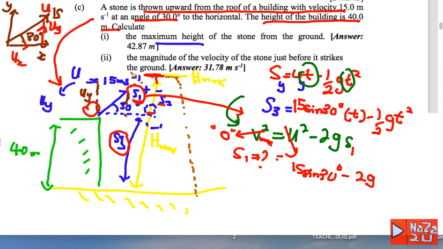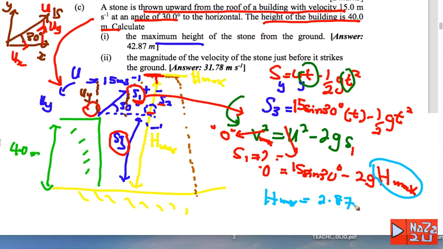S here is h maximum, right? So v final is equal to 0. Now you can find the value of h. H maximum, you can use the calculator, is 2.87.